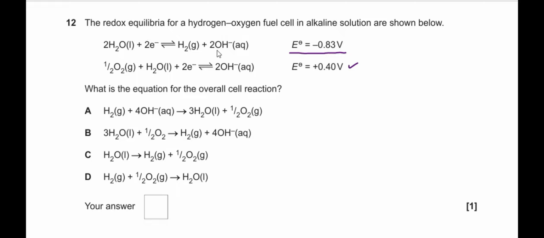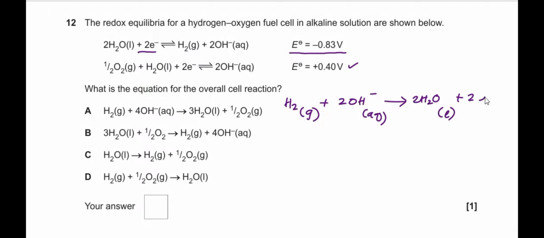Therefore, we need to write the first equation as a half equation by reversing it and showing it as an oxidation reaction. Currently, it is a reduction reaction. So rewriting the first half equation, H2 gaseous plus 2OH minus aqueous gives 2H2O liquid plus 2 electrons.